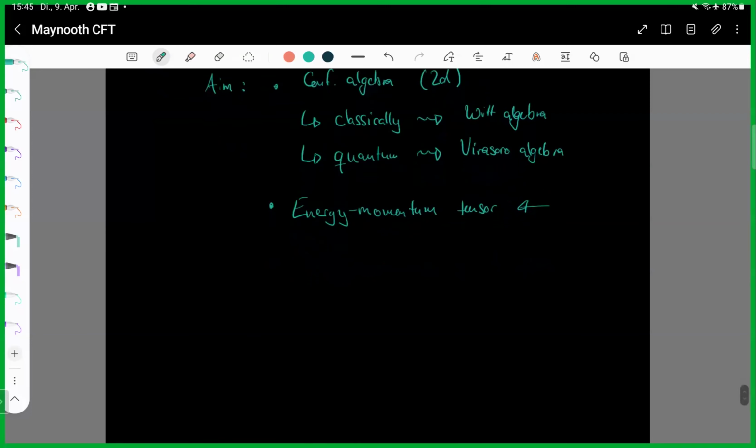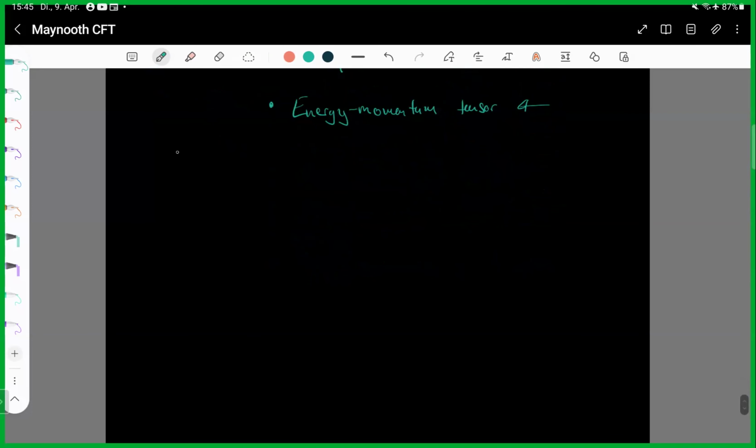All right, so let's start with 3.1, global conformal transformations. I'm going to explain what I mean by global.